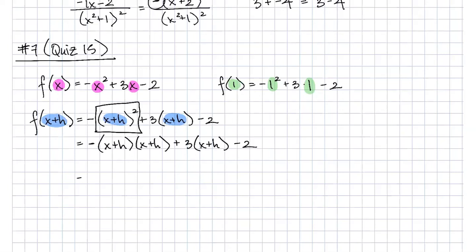And then if we want to think about taking this in steps, we can FOIL this and distribute that. So we get negative x squared plus xh plus xh is 2xh plus h squared, plus 3x plus 3h minus 2.